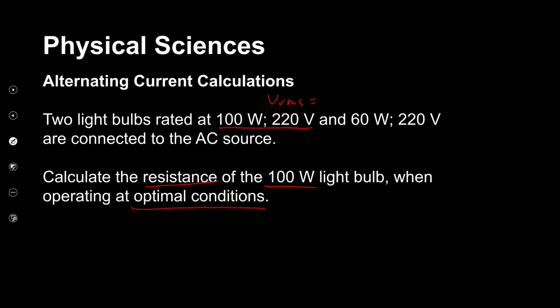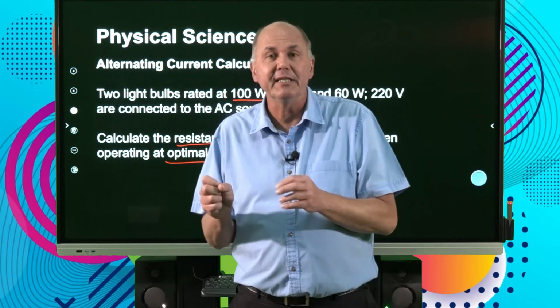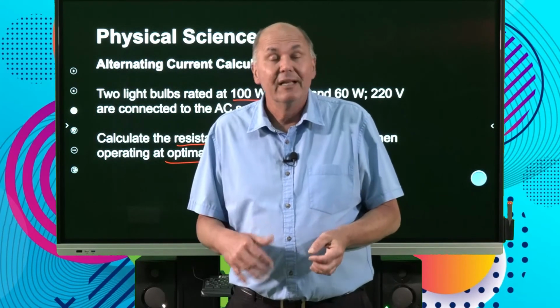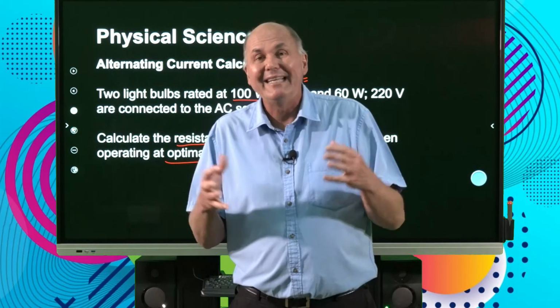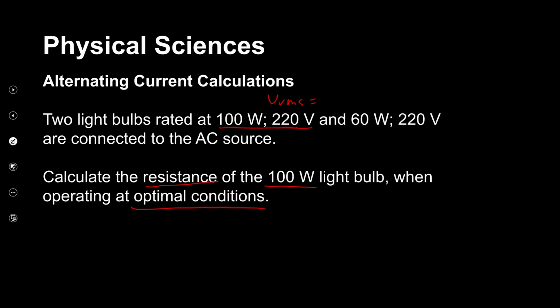If you happen to be in another country and you weren't using the Vrms of 220, say 240 or 110, these are all used in other parts of the world, then this device wouldn't work properly, or it would work at a different resistance. So we need to be able to work out the resistance at the optimal conditions.